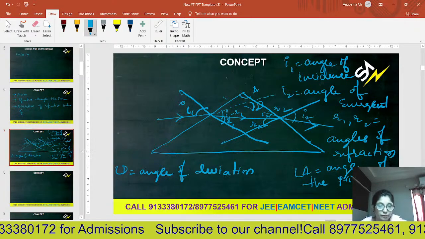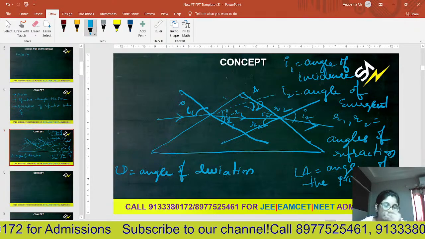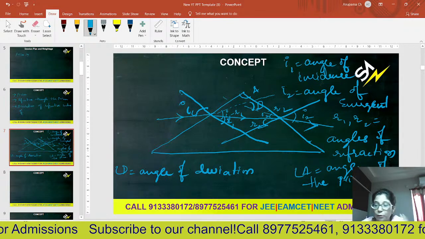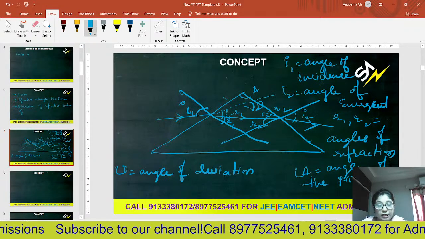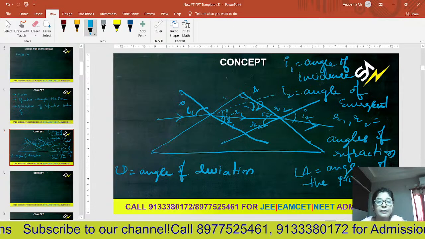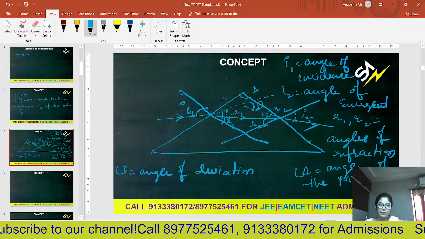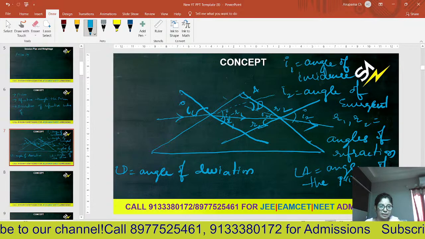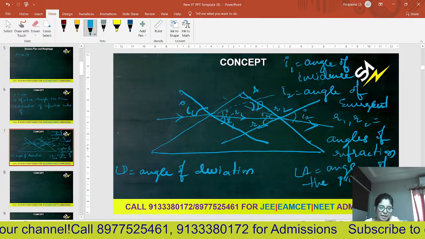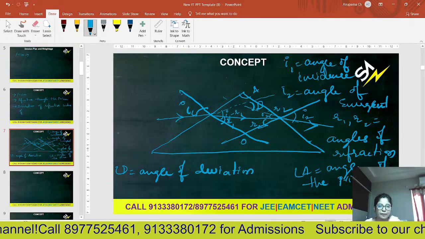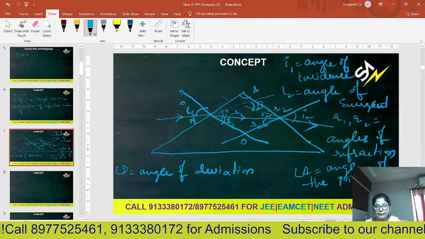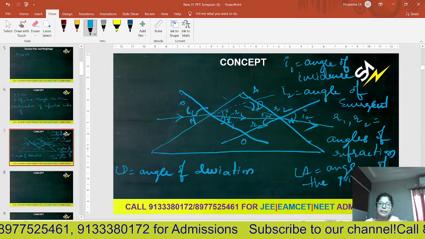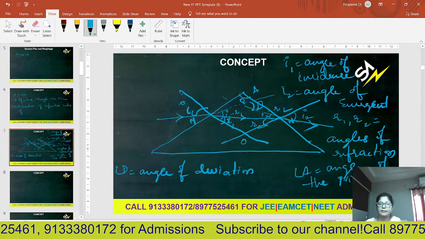But before going to that, whenever I am drawing these angles, we have a few triangles and a few quadrilaterals. I'll just name those. Let us take this as A, this as O, this as M, and this as N, and this as some P or Q. Fine.